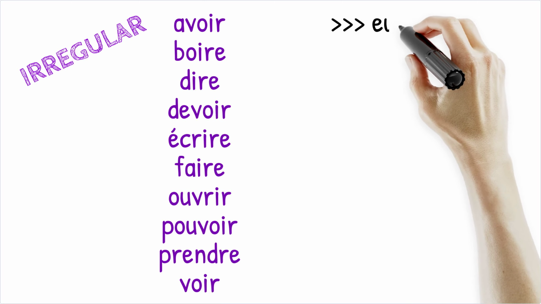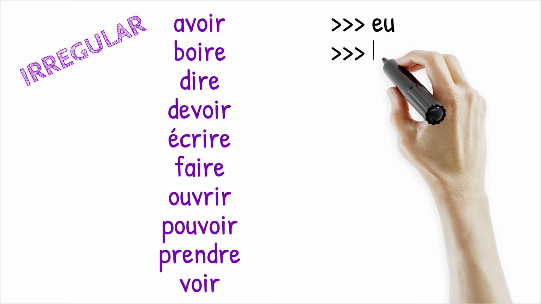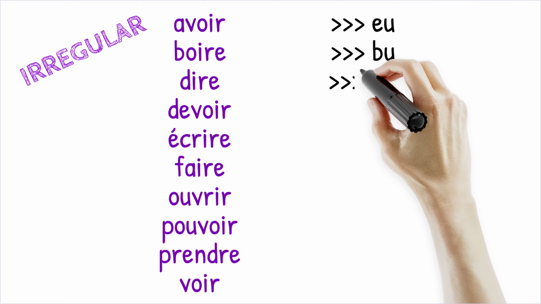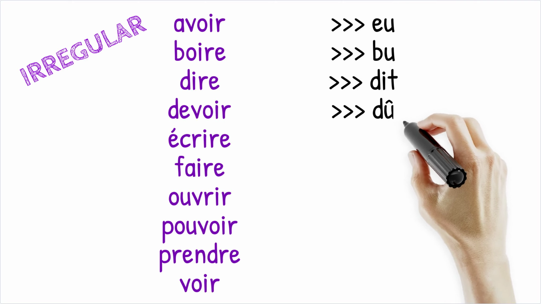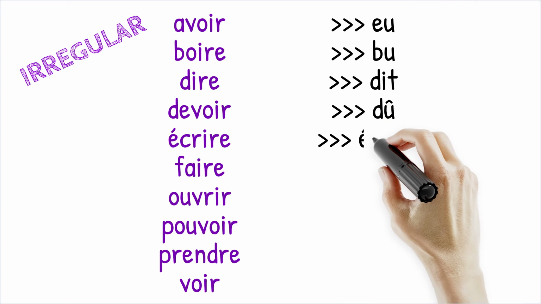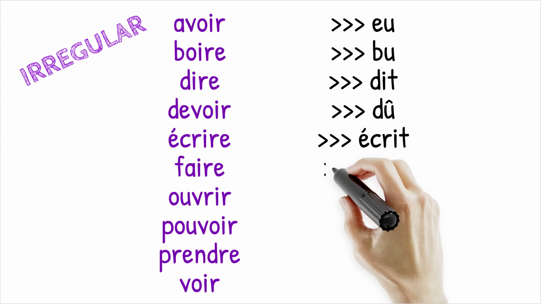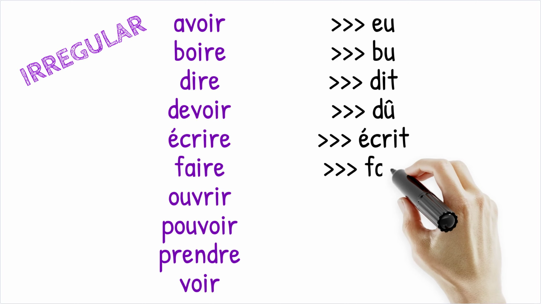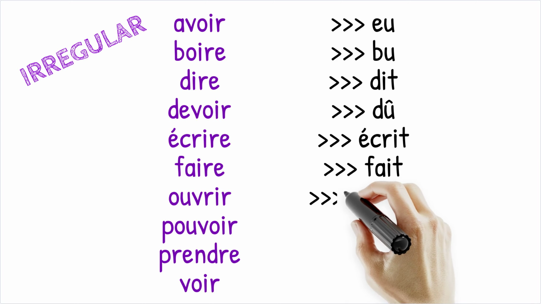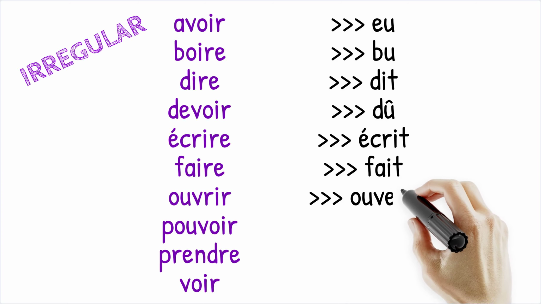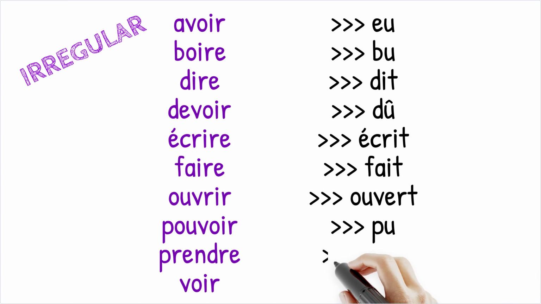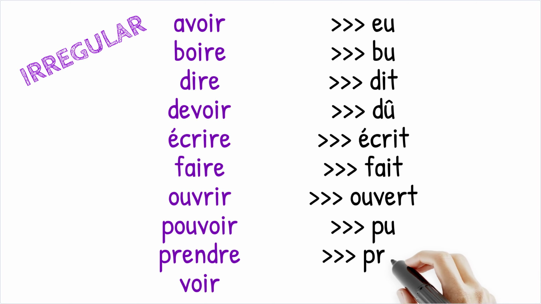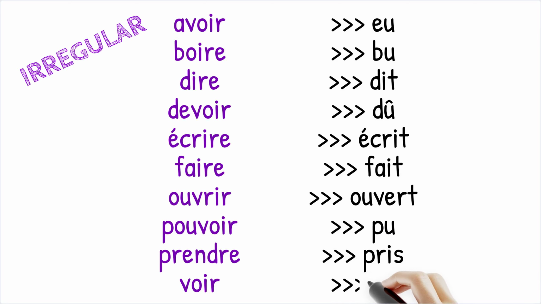So avoir becomes eu, had, boire becomes bu, drank, dire becomes dit, said, devoir, dû, had to, écrire becomes écrit, wrote, faire becomes fait, did or made, ouvrir becomes ouvert, opened, pouvoir becomes pu, could or was able, prendre becomes pris, took, and voir becomes vu.